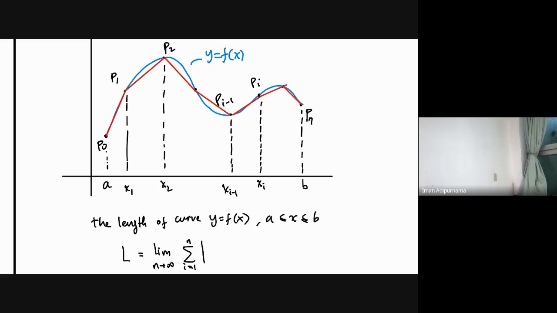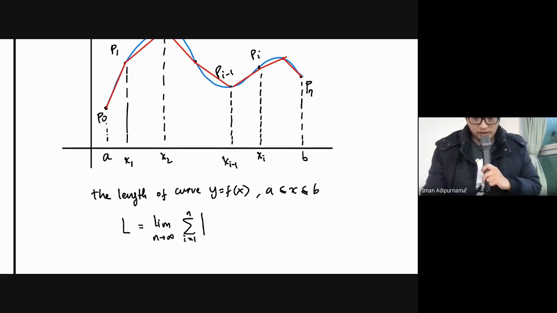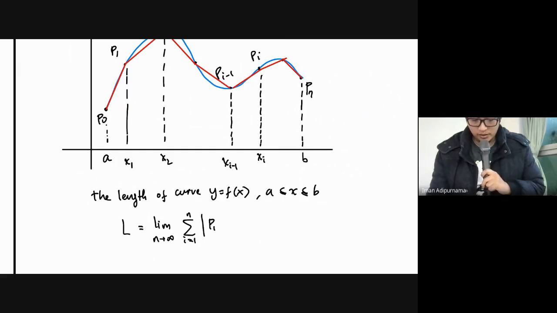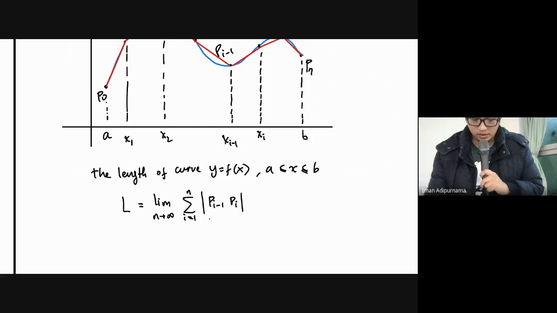We combine all, we add them, and then it becomes our L. So we can say if we define from P i minus 1 to Pi, the distance, let me write this is the distance.